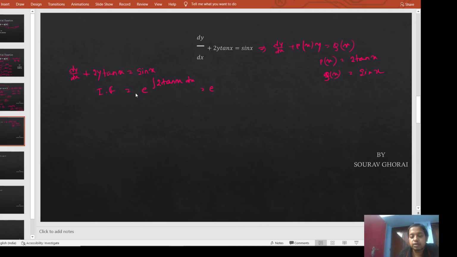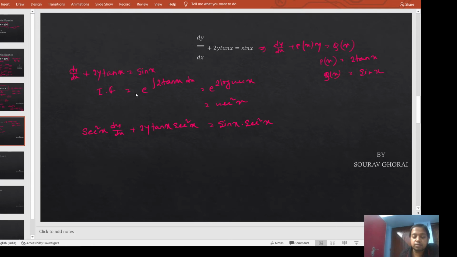So from here we will get e to the power 2 log sec x, which is sec² x. Now if we multiply by the integrating factor, we get sec² x dy/dx plus 2y tan x sec² x is equal to sin x into sec² x.